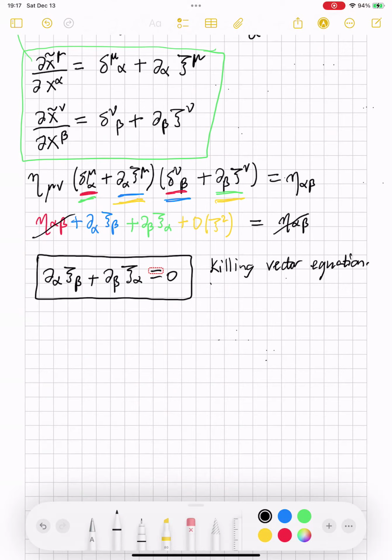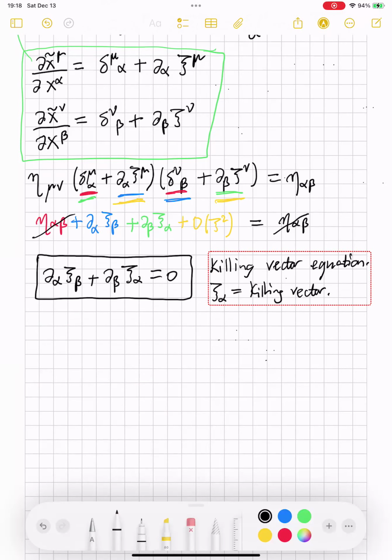And zeta alpha or zeta beta, this would be called a Killing vector. What we're going to do is we're going to solve this equation and we're going to see what Killing vectors we get. And from the Killing vectors we get, we're going to be able to identify the Poincare group. So 4 translations and 6 Lorentz transformations. So we're giving a way to derive the Poincare group, and we'll be able to generalize this slightly and derive the conformal group in this way with a few slight generalizations.